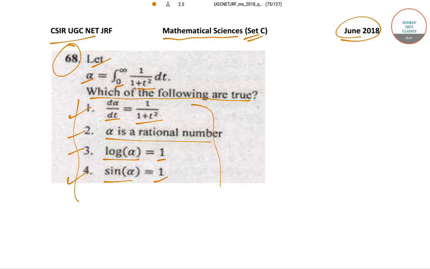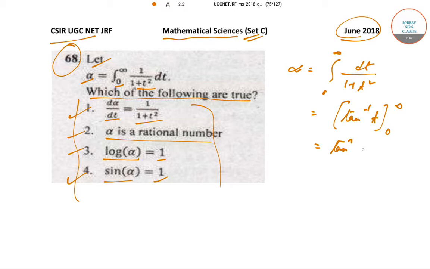So we have been given that alpha is equal to integration 0 to infinity dt by 1 plus t square. And we know that this is nothing but tan inverse of t, and this will go from 0 to infinity. So this will give us tan inverse infinity minus tan inverse of 0.